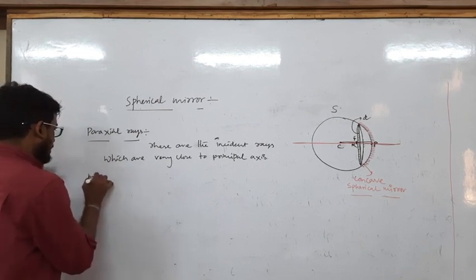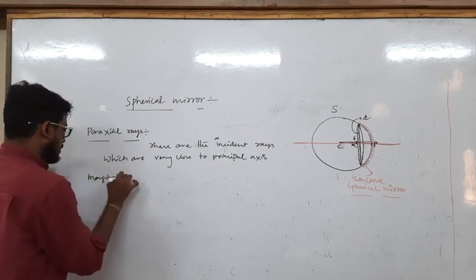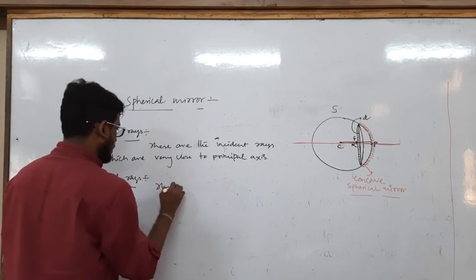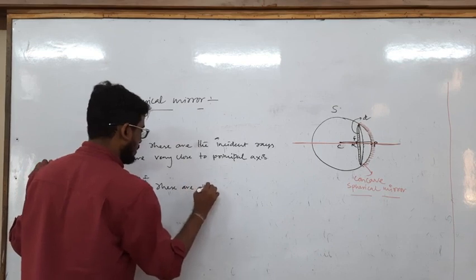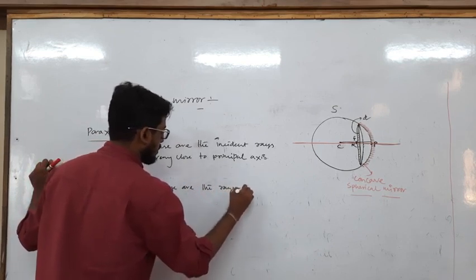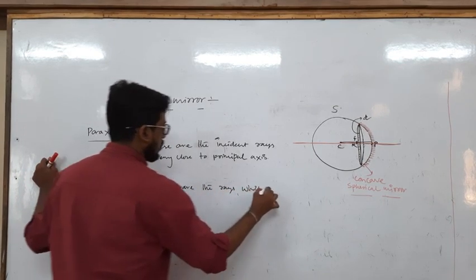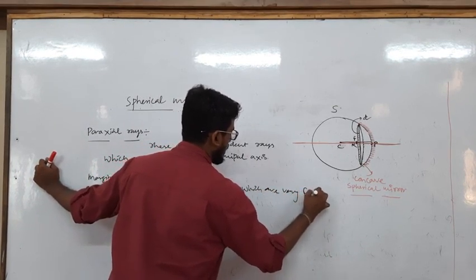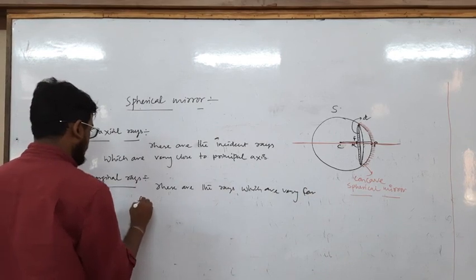And marginal rays, these are the rays which are very far from principal axis.